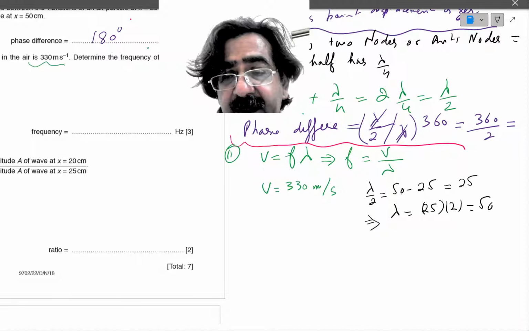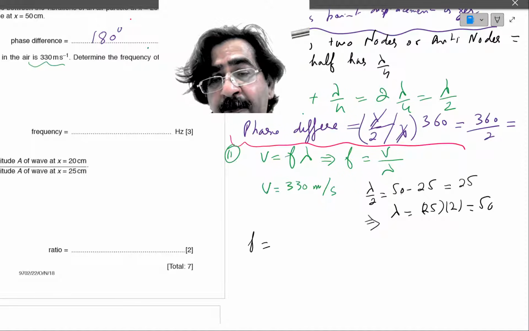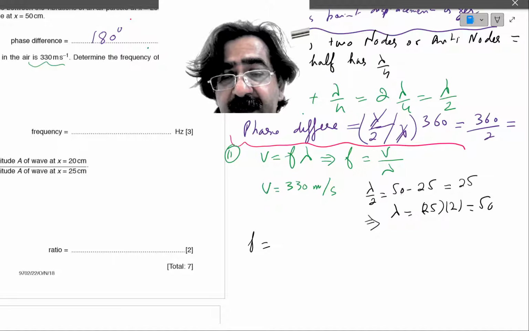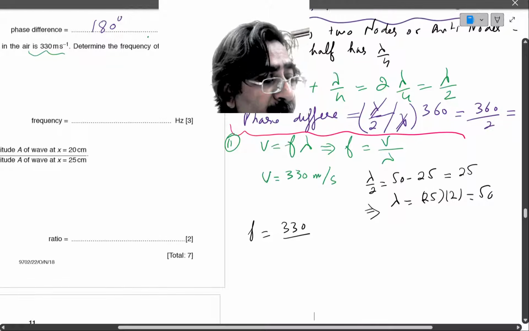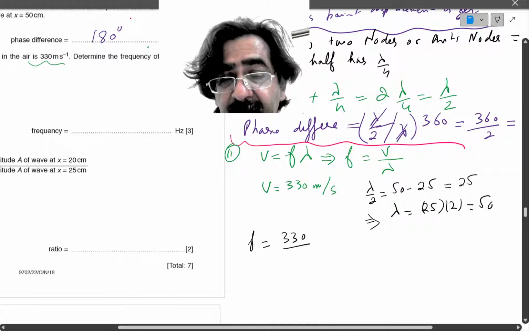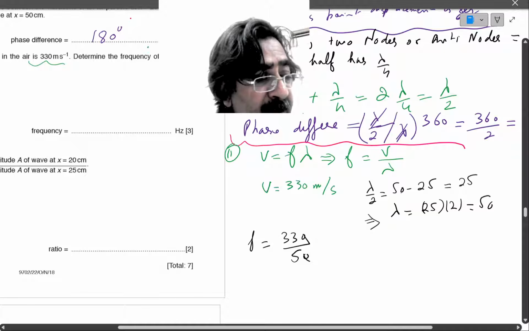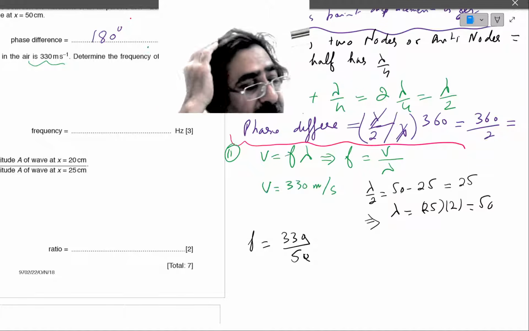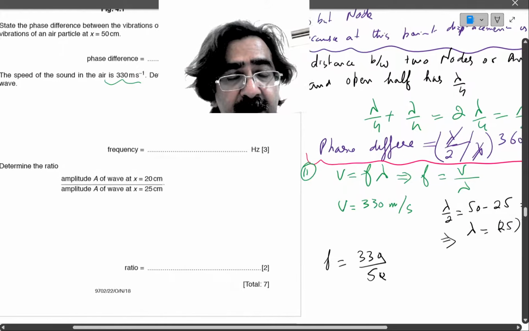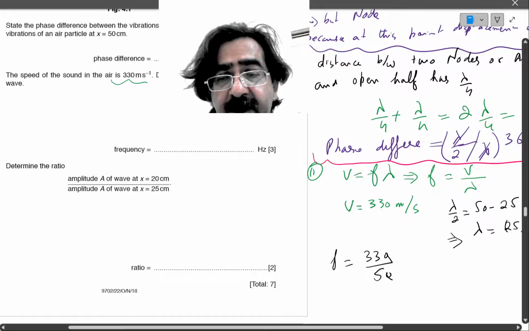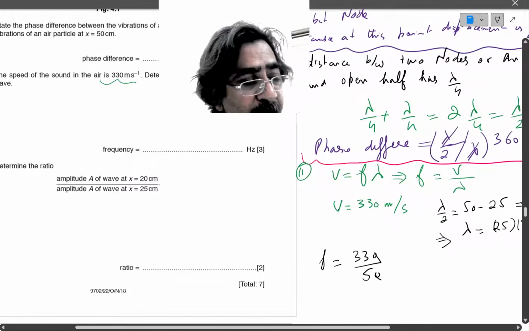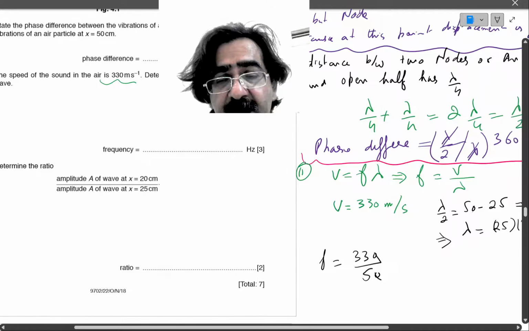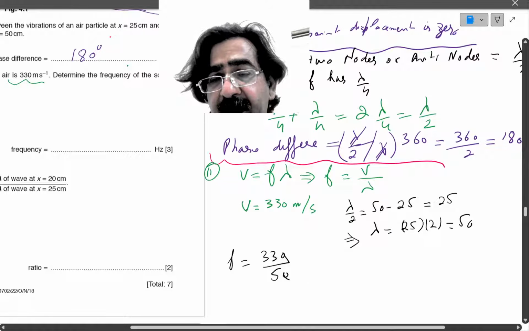So from here frequency will become V, 330, divided by 50.